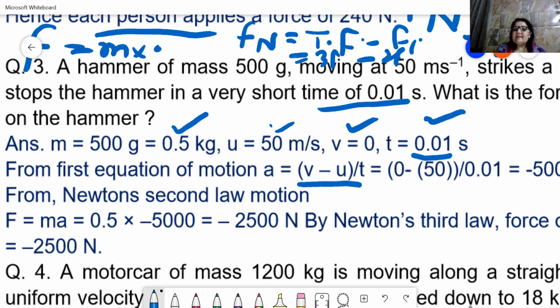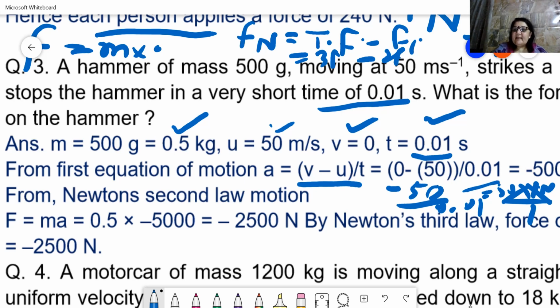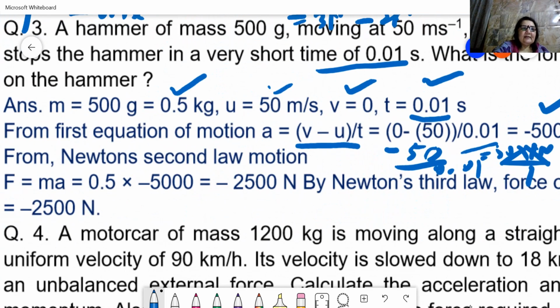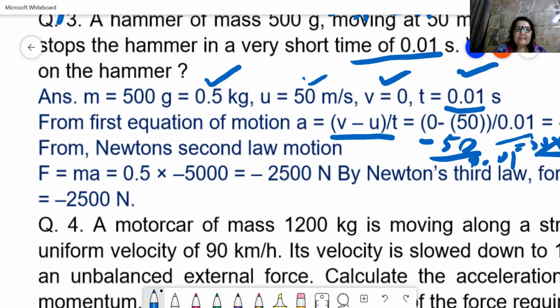Here it is a very simple calculation. We have minus 50 divided by 0.01, which is equal to 50 multiplied by 100 divided by 1. 50 into 100 is minus 5000, and there is 1 in the denominator, which we ignore. So A is minus 5000. Then put it in the value of F = MA: 0.5 times minus 5000.